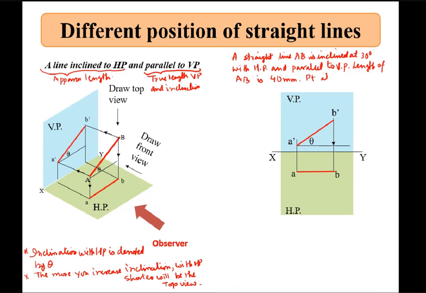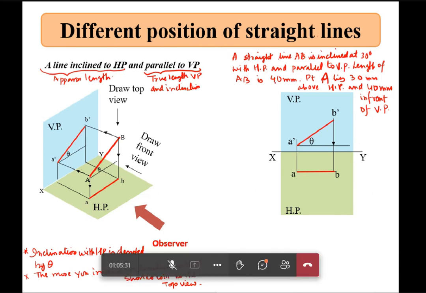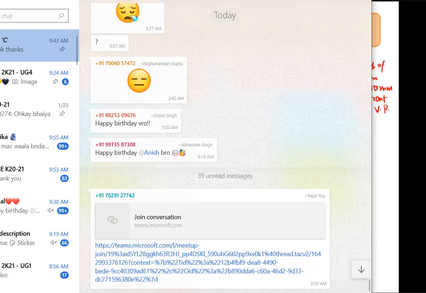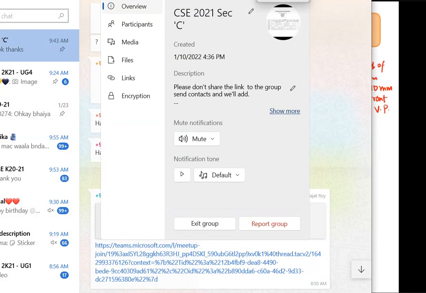Point A lies 30 mm above HP and 40 mm in front of VP. Say I have a problem like this. Now you have to draw its projections. So how will you do it?